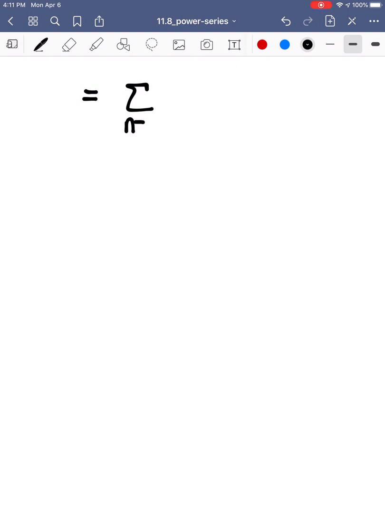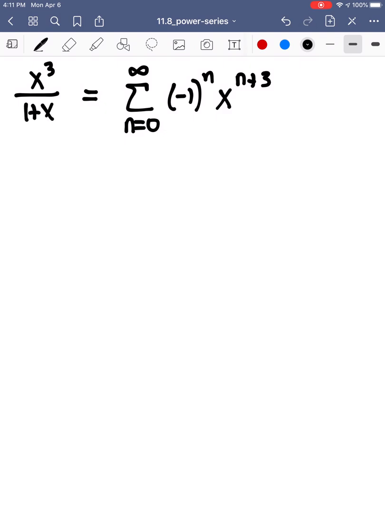So this now equals a series from n equals 0 to infinity of minus 1 to the n times x to the n plus 3. And that's equal to the original function that we had of x cubed all over 1 plus x.